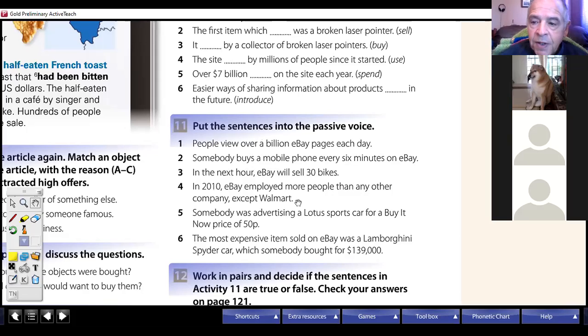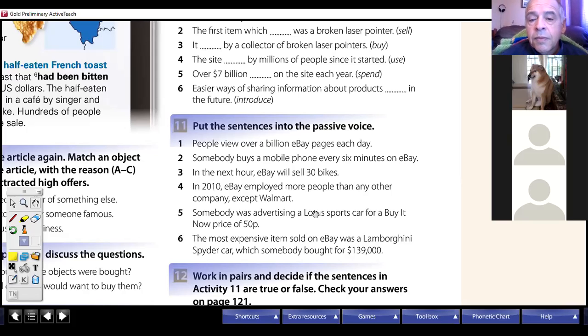30 bikes. Do the exercise, Catalina Belen. Put it in the passive. So 30 bikes is a direct object. You start by this. Are you there, Catalina? Yes. Okay, so, 30 bicicletas serán compradas por eBay en la próxima hora.